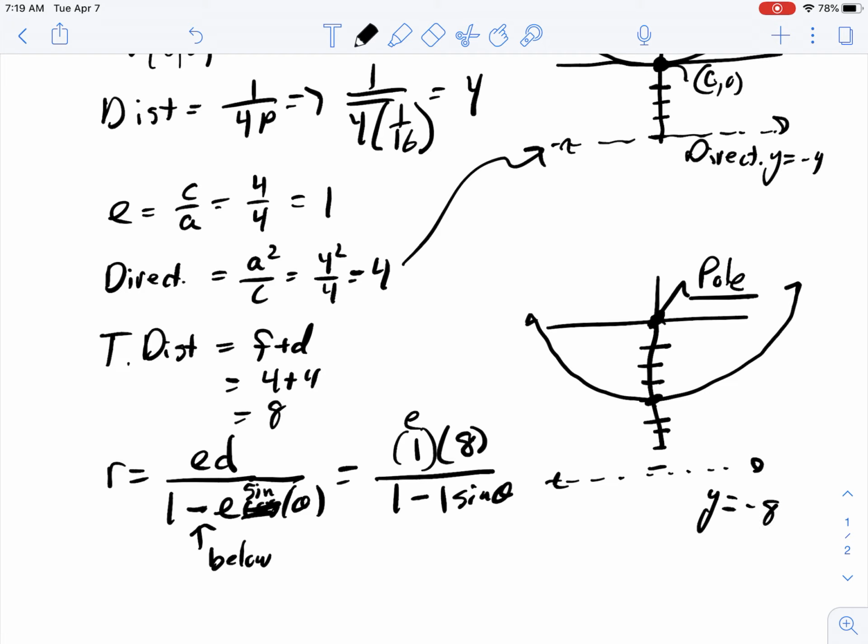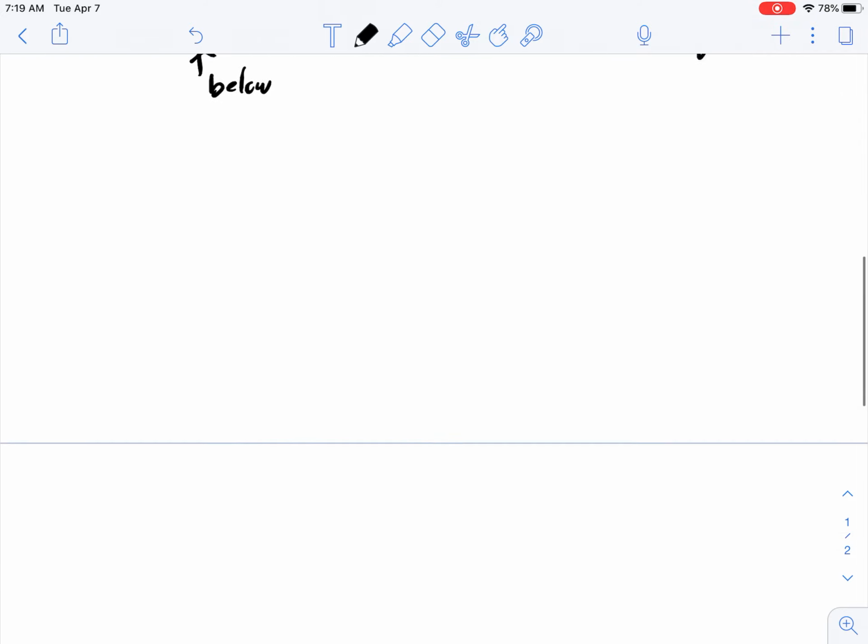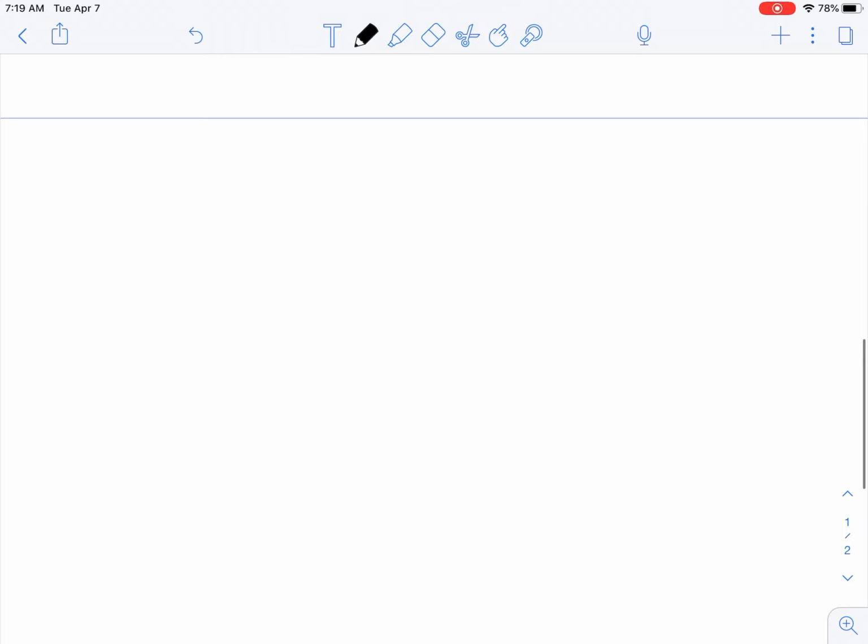In this case, it's going to be y equals -8 if I actually graphed it out using more of a rectangular value. So that's a quick summary of what we've been doing here. Let's look at one more.